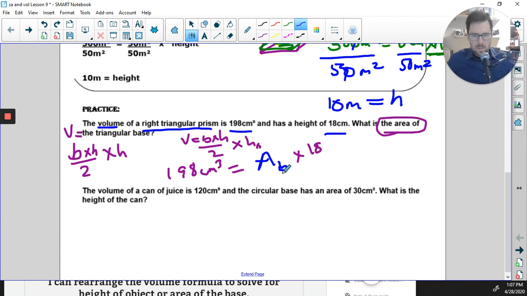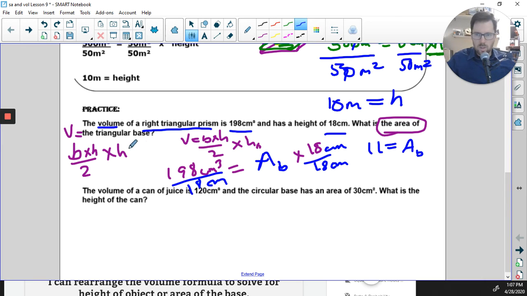We're multiplying by 18, so we need to do the opposite, divide by 18. And this is 18 centimeters, right? And divide by 18 centimeters. And so we have 198 divided by 18 is going to give us 11 equals the area of the base.